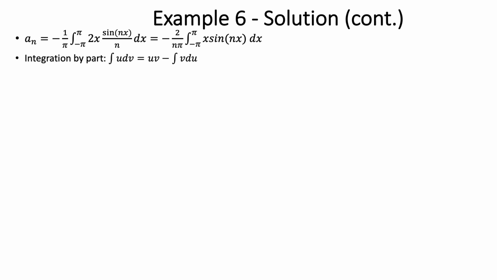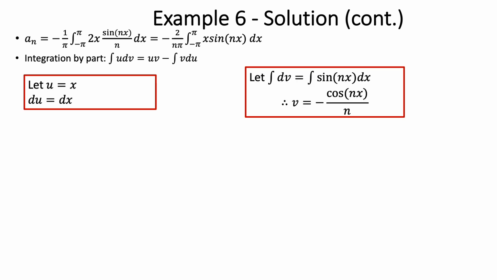If we rewrite the an, we have an equal minus 2 over n pi integral minus pi to pi x sin nx dx. We have to do integration by part one more time. So if you let u equal to x, du equal to dx, integral dv equal integral sin nx dx, v will be minus cos nx over n.